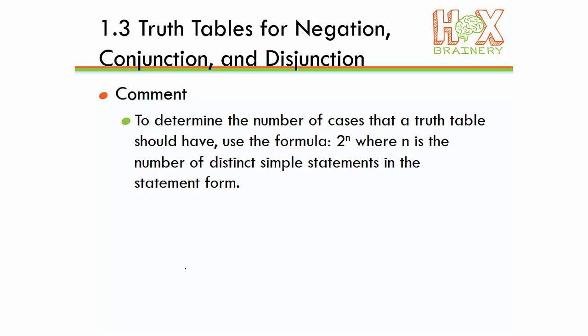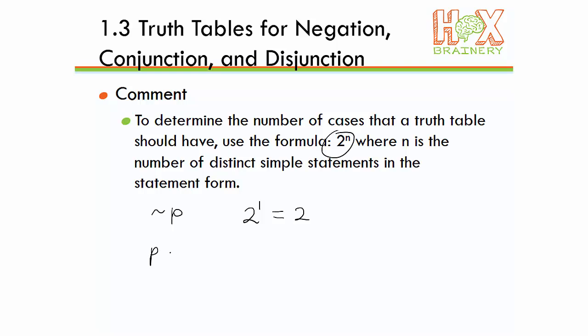I do have a comment here. To determine the number of cases that a truth table should have, you're going to use this little mini formula, 2 to the nth power, where n is the number of distinct simple statements in the statement form. So if you think back to that very first truth table we did for the negation, we only had P, right? So we had just one simple statement. So we would have 2 to the first, which is 2, and that's how many cases we had.